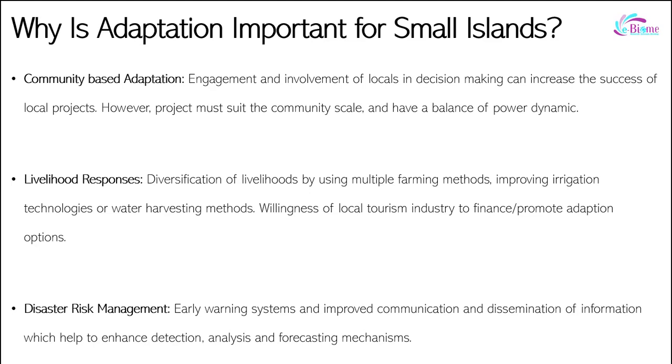We have disaster risk management, where small islands are trying to be more strategic in their approach in how information is disseminated and how you approach detecting and analyzing and using various forecasting mechanisms.